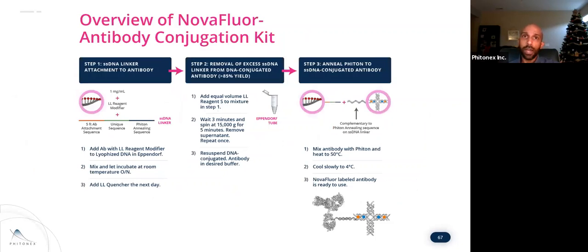It's a 2-day process, but the actual hands-on time tends to be around 30 minutes, maybe a little bit shorter, a little longer, depending on how quickly you pipette. But just a few pipette steps and then an overnight incubation. And then your NovaFluor conjugated antibody should be ready to use. There's only one precipitation step that's now included in this.